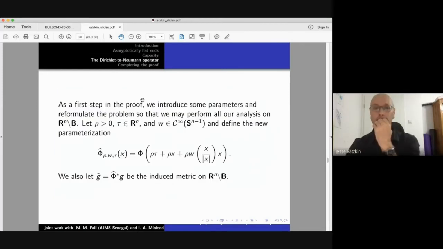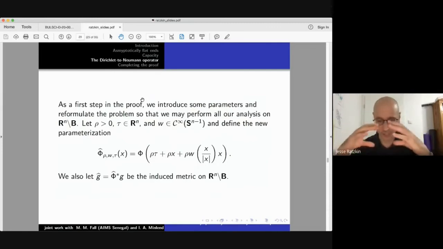There's only one possible constant you can have here. Okay. The heart of the proof really will come down to inverting the Dirichlet to Neumann operator of my asymptotically flat metric. To get there, we have to do a little bit of reformulation and introduce some parameters.